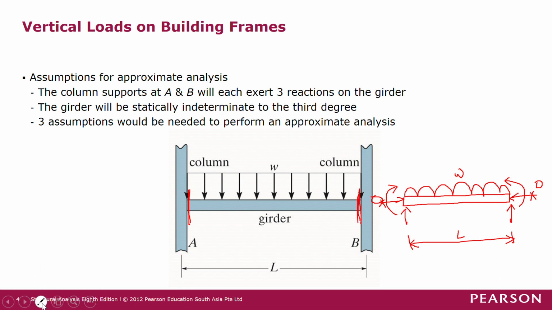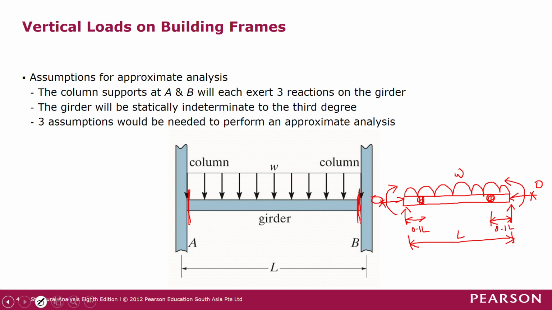So we have the first assumption saying that we have a pin at 0.1 L from the left support, and then we have a pin from the right support, which is also 0.1 L from the support.